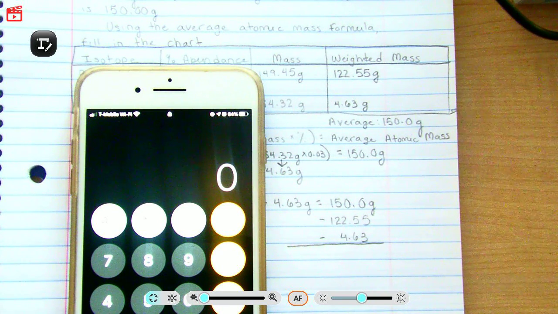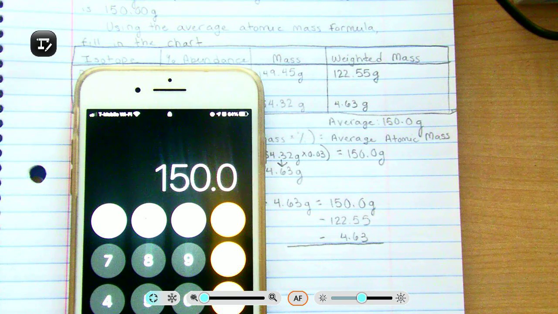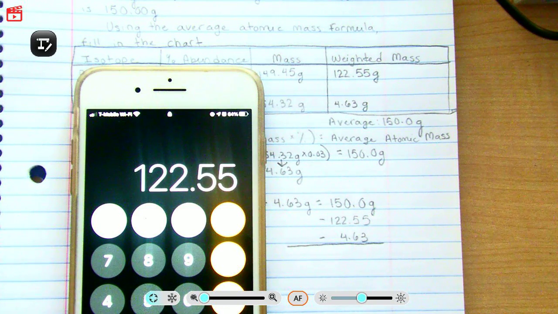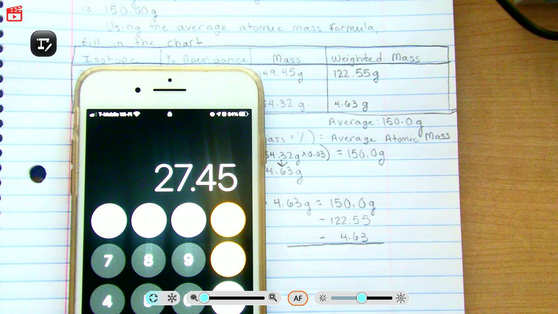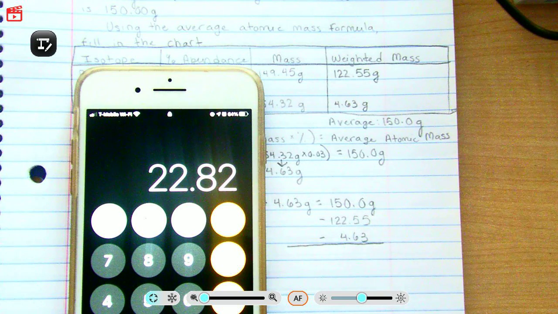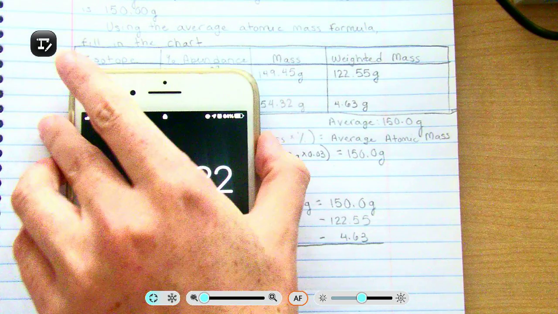Okay, so 150 minus 122.55 minus 4.63. This is going to give us a weighted mass of our unknown isotope of 22.82 grams.